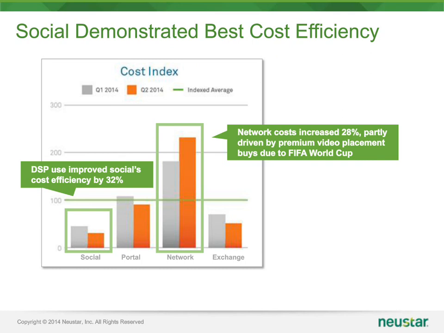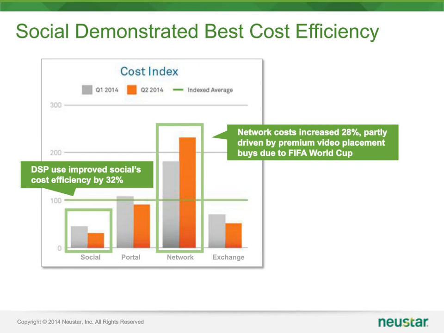The index, or the channel cost, is made up of the following components. It includes CPM, cost per thousand, CPC, cost per click, and CPA, cost per action. And what you see here is that values below the green line are values that are below the average of the index across those four channels.